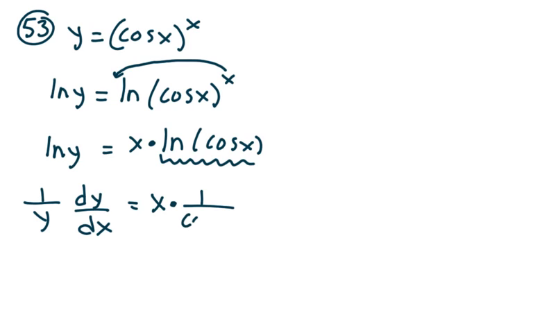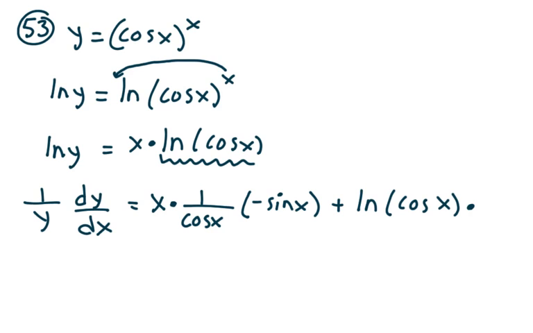So you get 1 over cosine x times negative sine x. That's chain rule. Plus natural log of cosine x times the derivative of x with respect to x, which is just 1.